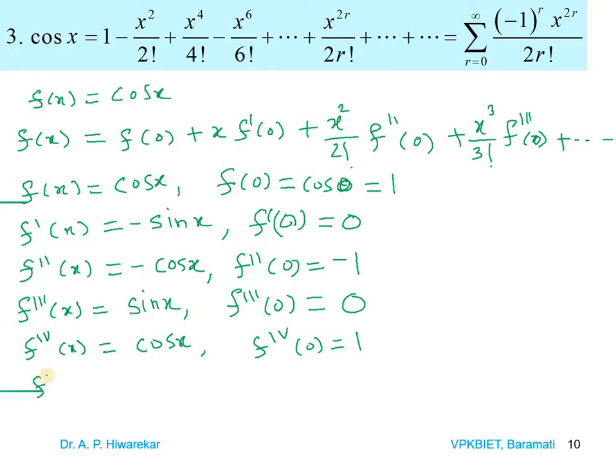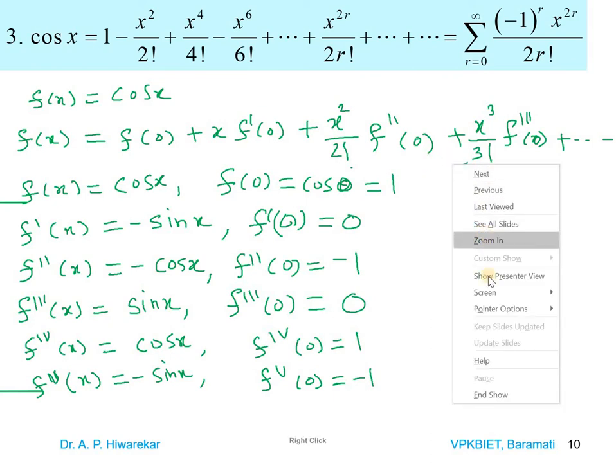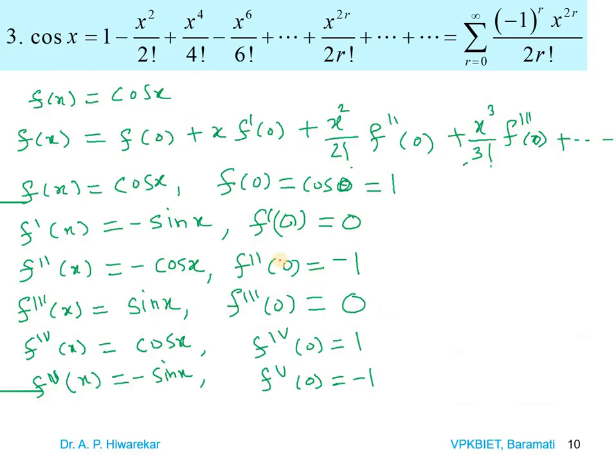And in a similar way you can find f5 dash at x, which is minus sin x, and f5 dash at 0 is obviously minus 1. So what we are getting are the derivatives, and we have this particular formula that we are applying.